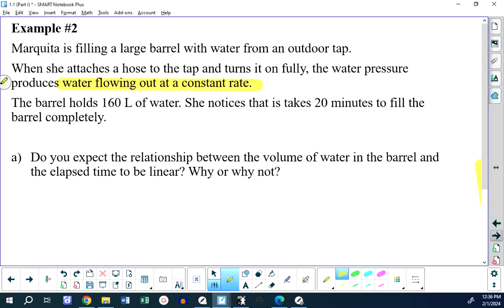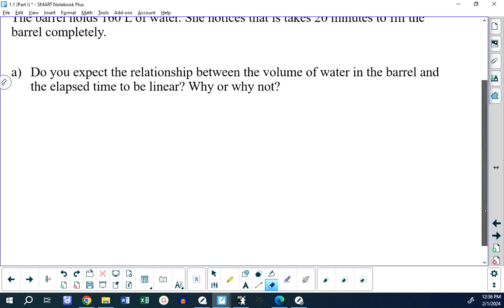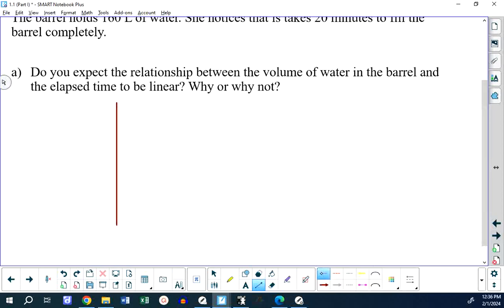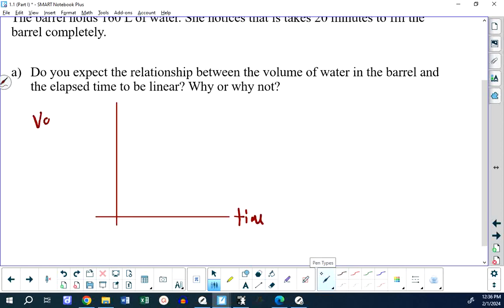So if it's linear, and this is tough, this isn't easy, then if we put time here and volume of water here, and I'm putting the volume on that axis because the volume depends on the time, right?